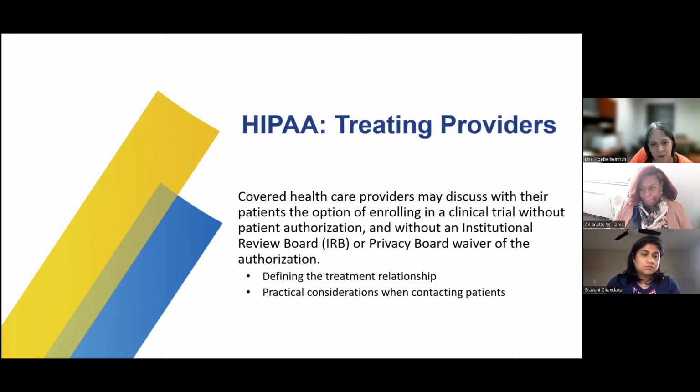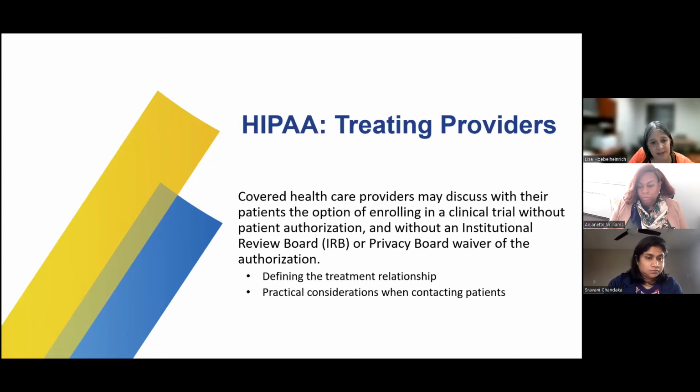It's also important to remember that there are practical considerations when contacting patients. While certain things may be permissible under HIPAA, in terms of who has a treatment relationship and might be able to contact participants for purposes of recruitment in a trial, different covered entities can have different policies on what they consider permissible from a policy perspective, whether they want a particular person to be the first person to reach out to a patient to talk about a trial, or whether they want to limit the number of contacts that are made to patients for recruitment purposes.